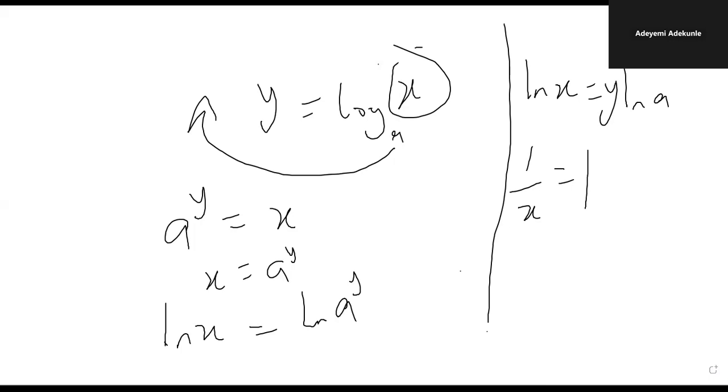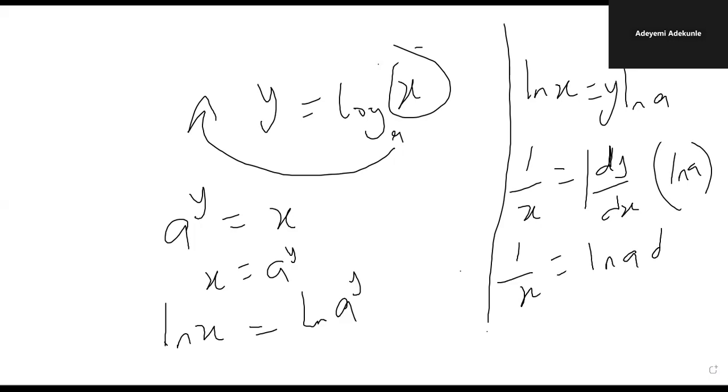But don't forget, anytime you differentiate y, you must always add dy over dx. So we have 1 times dy over dx, and then we are left with a constant, which is ln a, which means I can write this as 1 over x equals ln a dy over dx.